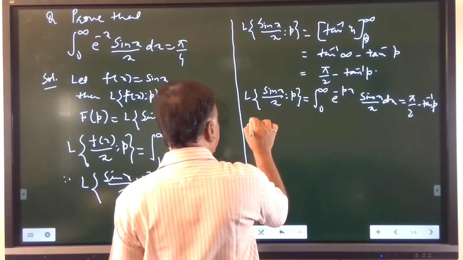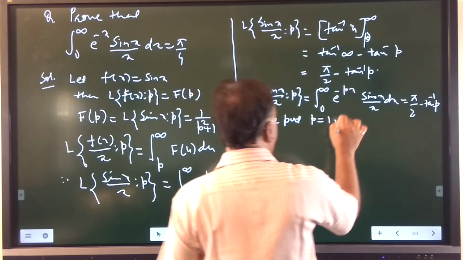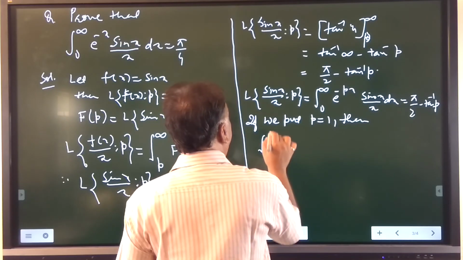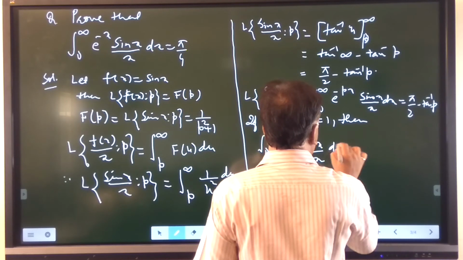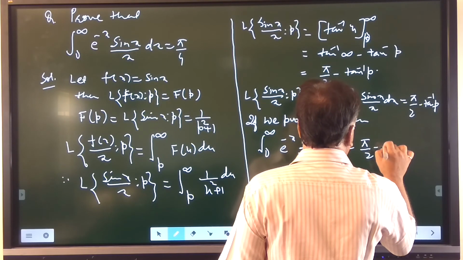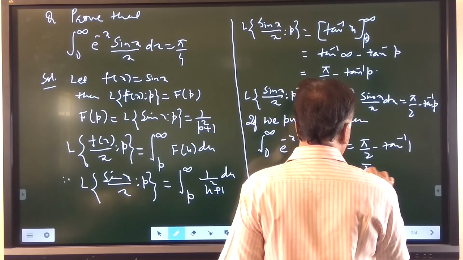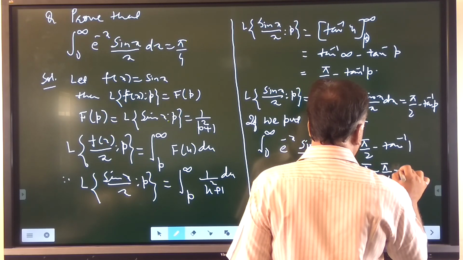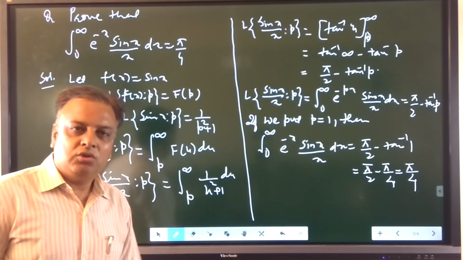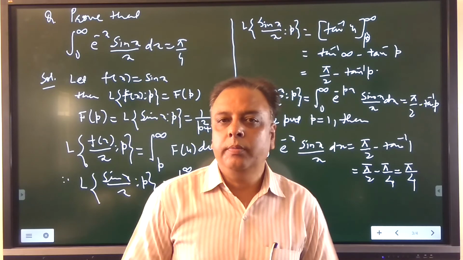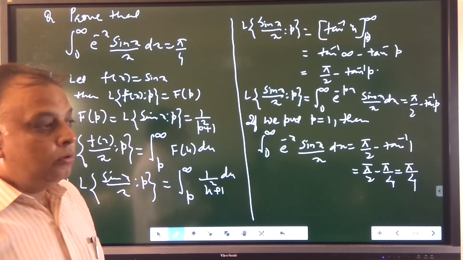So if we put p equal to 1, then the integral from 0 to infinity of e raised to minus x sin x upon x dx is equal to pi by 2 minus tan inverse 1, and tan inverse 1 is equal to pi by 4. So this is pi by 2 minus pi by 4, which comes to pi by 4, which is the required result. So we have used the Laplace transformation to calculate some integral equations. Thank you very much.